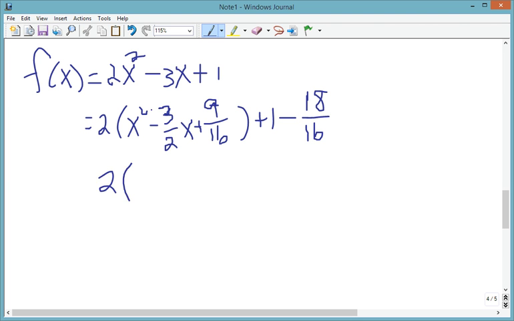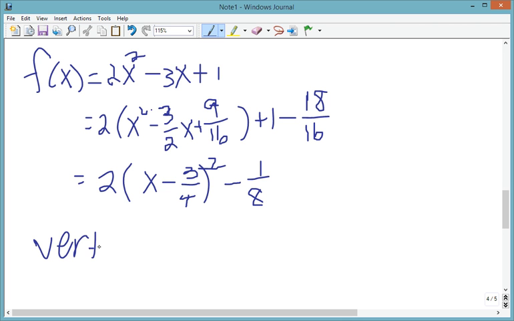Okay, so now I have 2 times x minus, and it was half of this, right, or the square root of that, so that's 3/4. And then we would have 16 over 16 minus 18 over 16, so negative 2 over 16, which I could reduce to 1 over 8. Okay, so my vertex is 3/4 and negative 1/8.